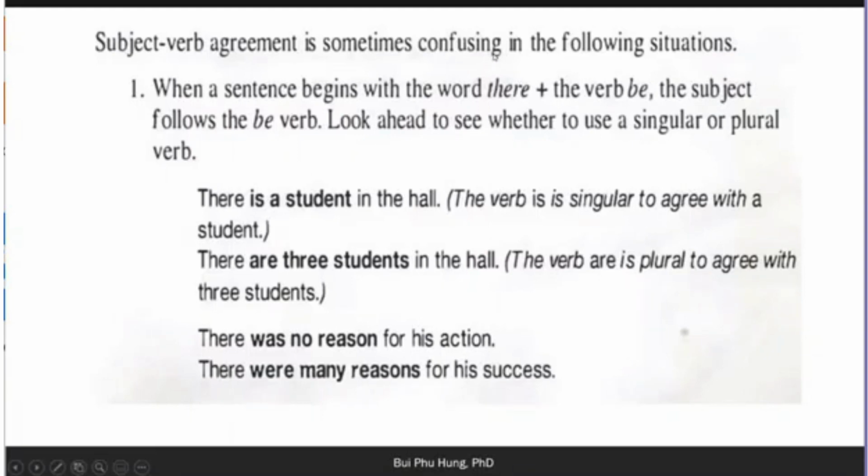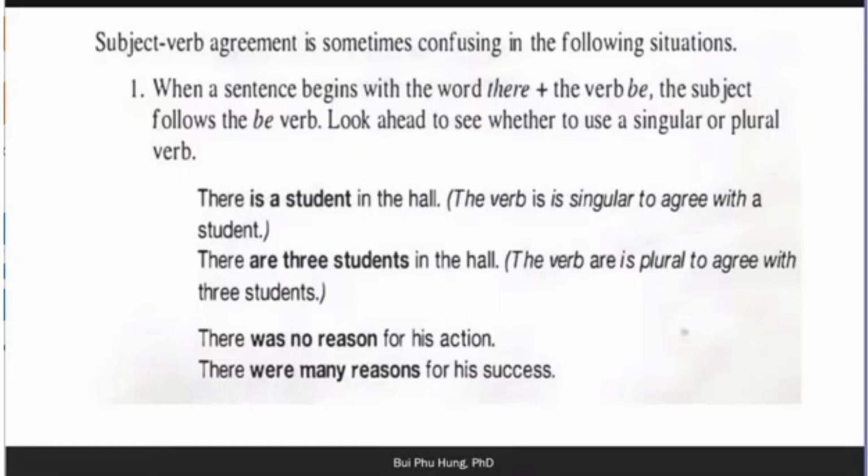Subject verb agreement is sometimes confusing in the following sentences. When a sentence begins with the word there and the verb be, the subject follows the be verb. There is a student in the hall. In this situation, the sentence begins with there, and then the verb to be, is.